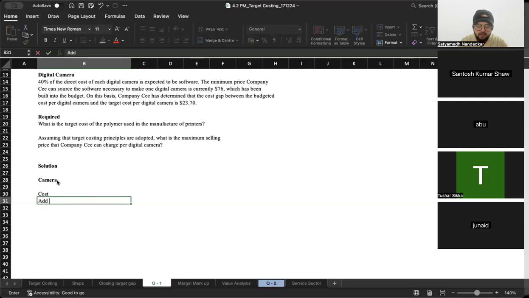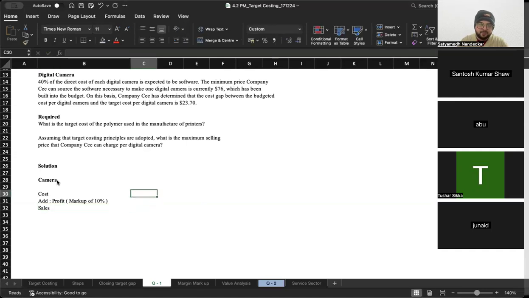Cost, add profit. I'm going to say markup of 10% and sales. Cost 100, 10, 110.